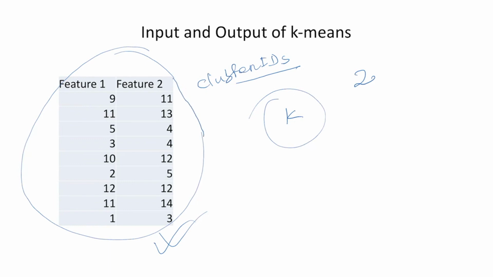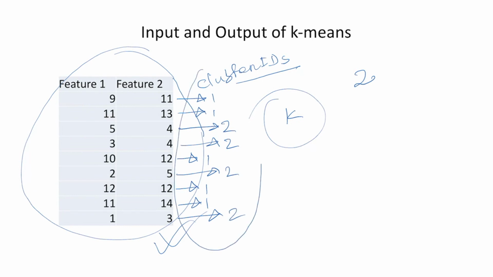For example, maybe this row, this row, this row, this one, and this one will be assigned to cluster 1. And maybe this row, this row, this row, and this row will be assigned to cluster 2. In that case, these numbers associated with every row will become the output of the k-means clustering algorithm.